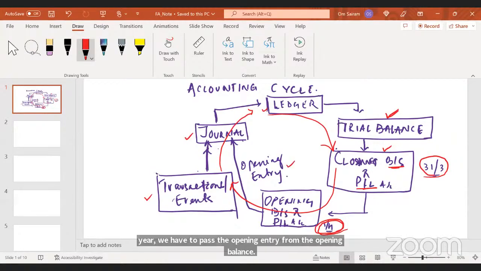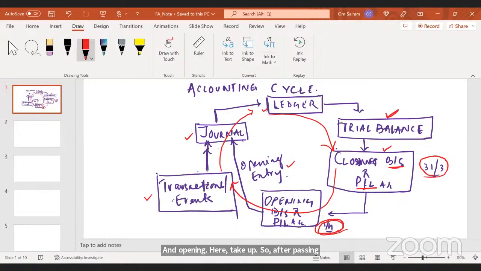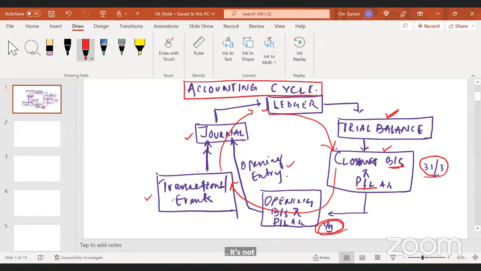After passing the journal entry, again in that year, other raw transactions and events, business transactions and events are there. Again, it will flow in this way. It will revolve throughout the lifespan of the business, throughout the lifespan of the entity. So this process, since it is revolving in a cyclic manner, is known as accounting cycle.